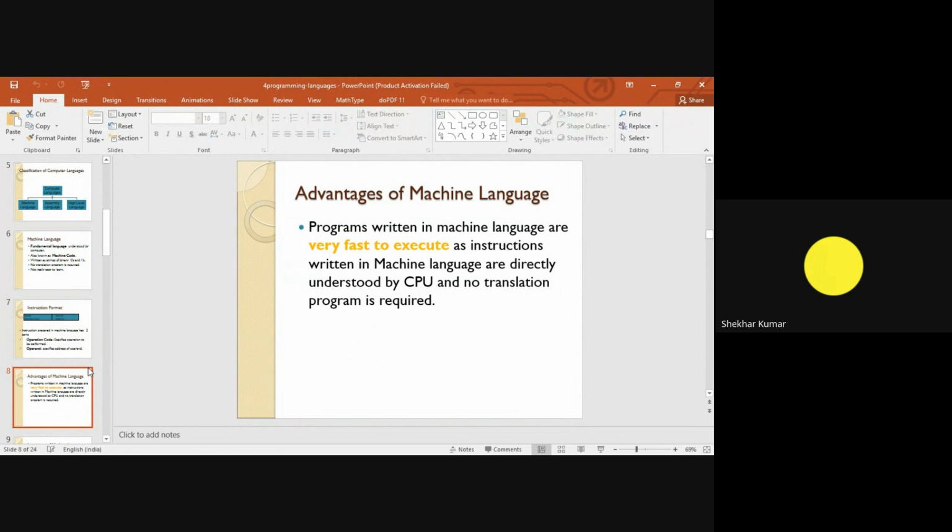There is no requirement of any translator, because it directly interacts with the computer system, so there is no requirement of any conversion software like compilers and interpreters.